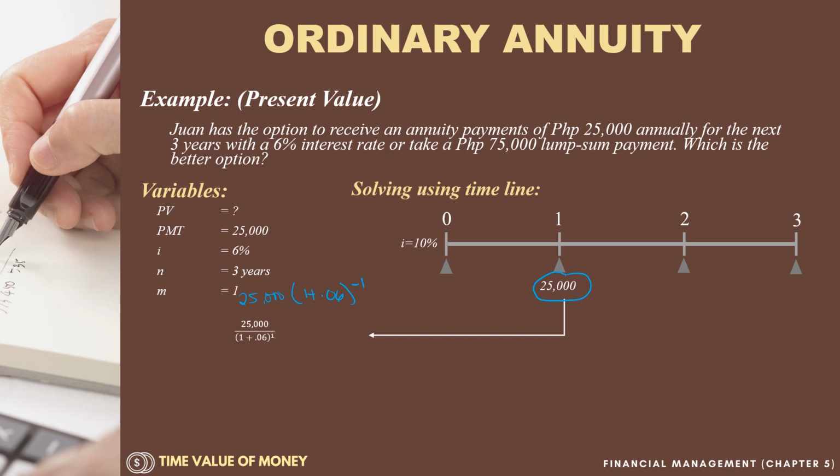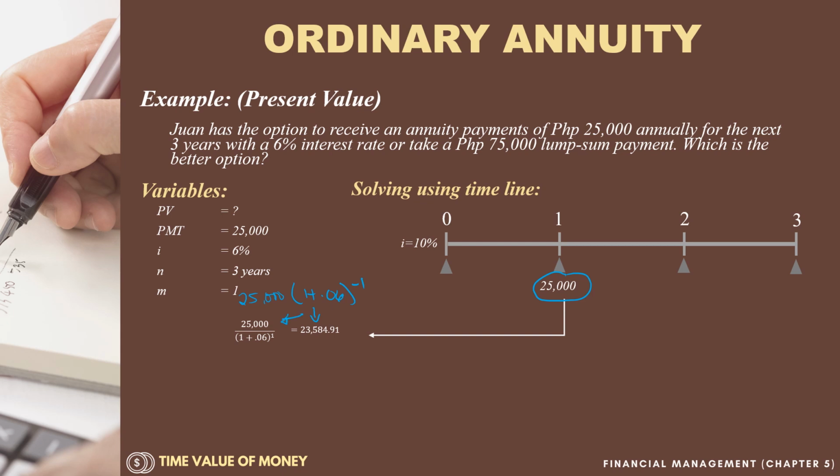That is just the same as what we have done in the lump sum present value. Now 25,000 divided by 1 plus 0.06 to the power of 1 is 23,584.91. As you can see here, this figure is much lower than this.